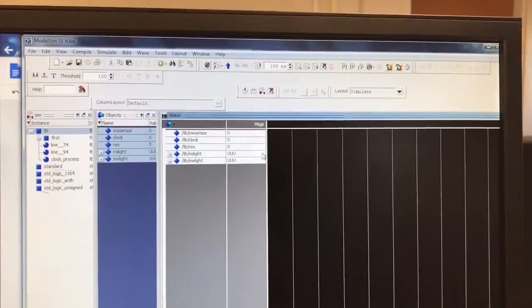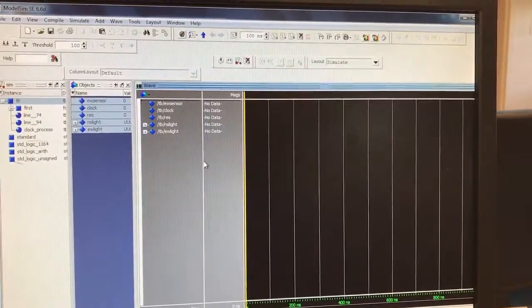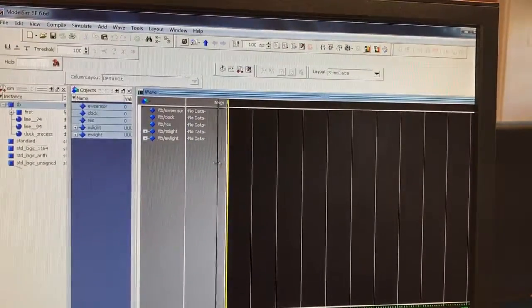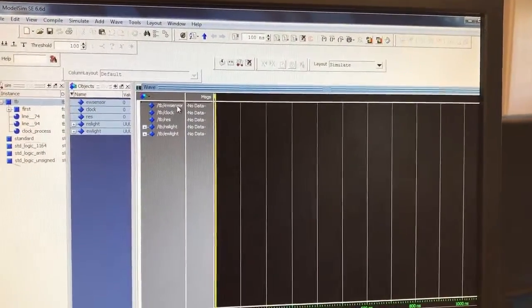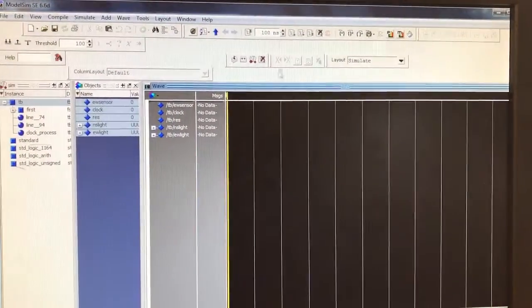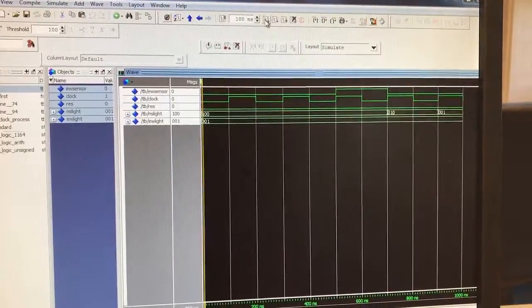Okay, so I've dragged the variables over, and right now we haven't moved the clock yet, but right here we have the east-west sensor for the car, clock, reset, north-south light, east-west light. So let's go ahead and step through a couple times and see what happens.